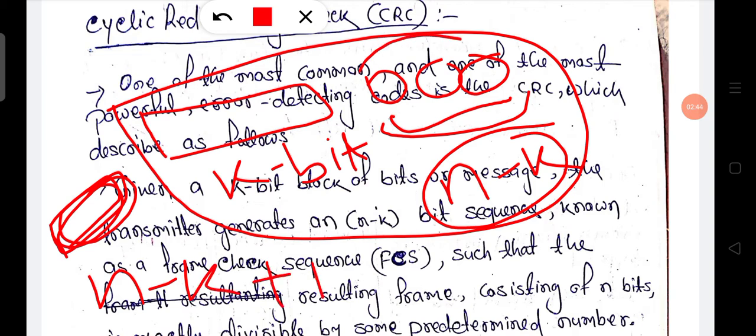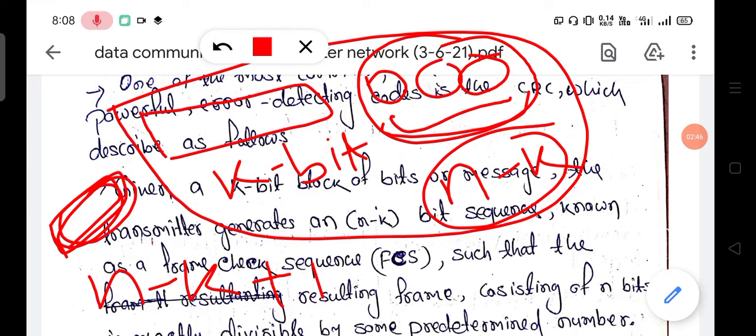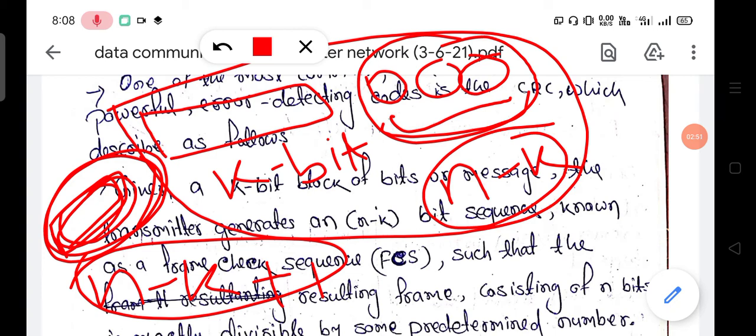That is, the number of zeros we add plus 1.